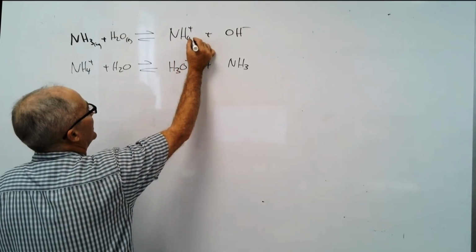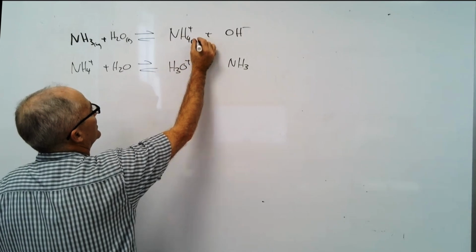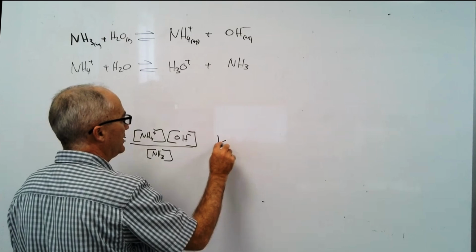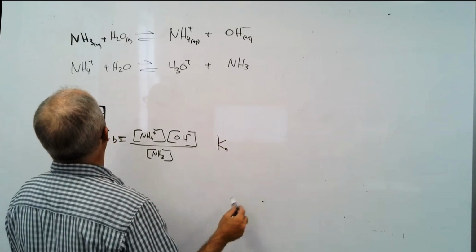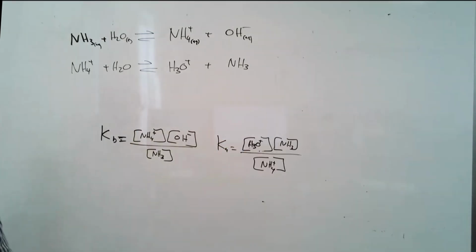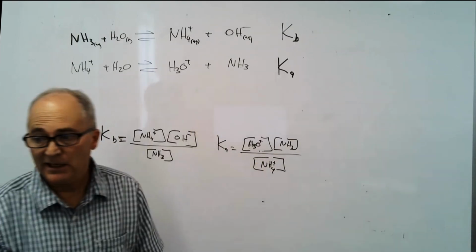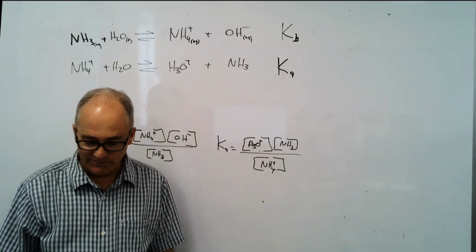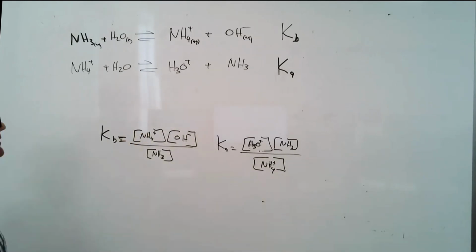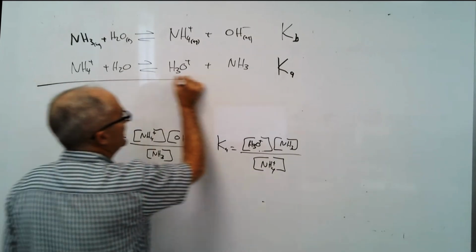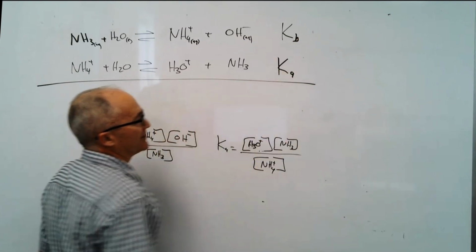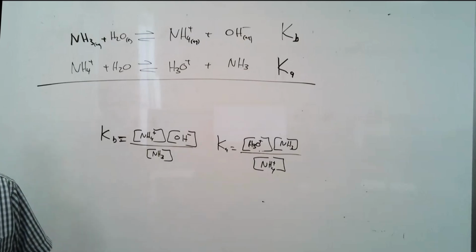So if I write the Ka expression for this one, the Kb expression, and the Ka for the next one. Alright, this is turning into lots of work. How do you feel about manipulating equilibrium constants? Alright, we've done it before. Like if I was going to add these equations, what would I do to the equilibrium constants? Multiply. Yeah, we multiply them.